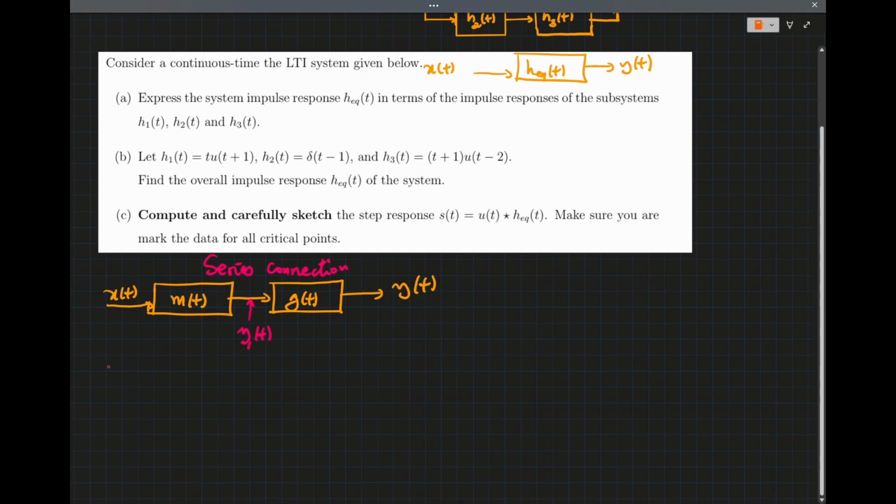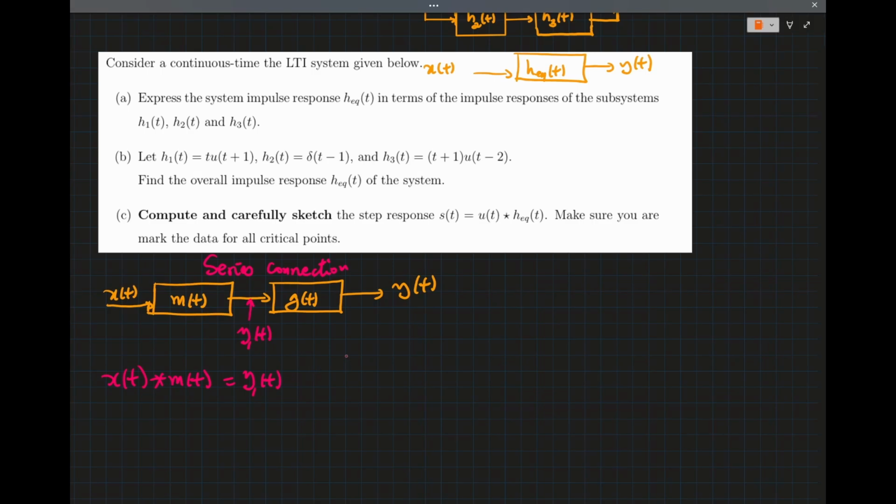From what we learned in the LTI systems lecture, x of t convolved with m of t gives me y1 of t, which is the output of system 1.